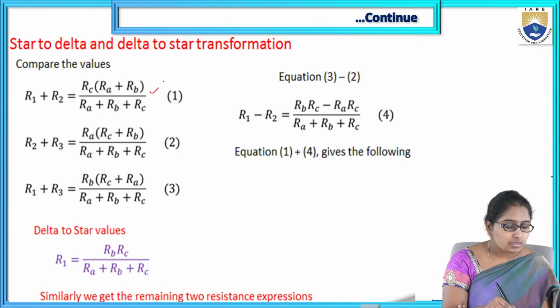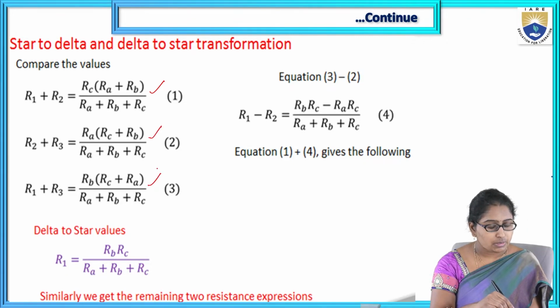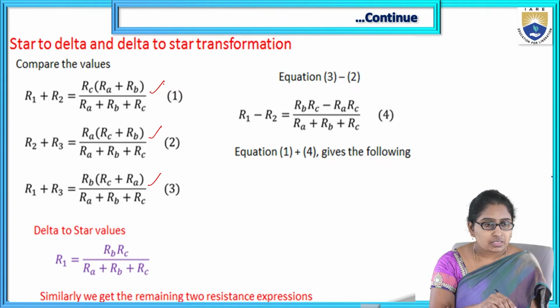Between XY, those two are made equal, and similarly between YZ and between XZ. So equate the equivalent resistances of the two circuits. Let us call these equation 1, equation 2, equation 3.